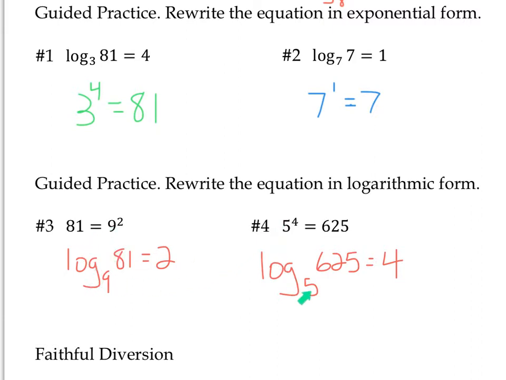The base is 5, the base is 5. And then the exponent is what the logarithm is equal to. So get used to practicing that. We'll see where it can be important to write things between logarithm and exponential form. Right now we just want to make sure we know how to do that before we see how we can apply it a little bit more.